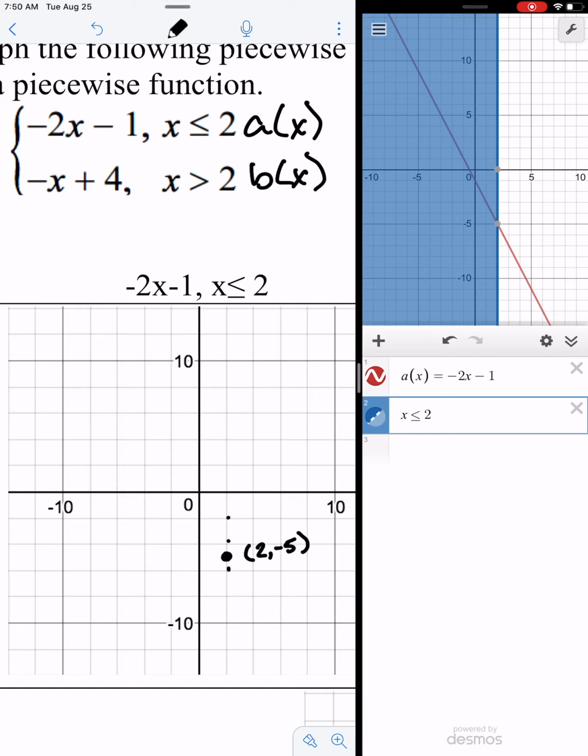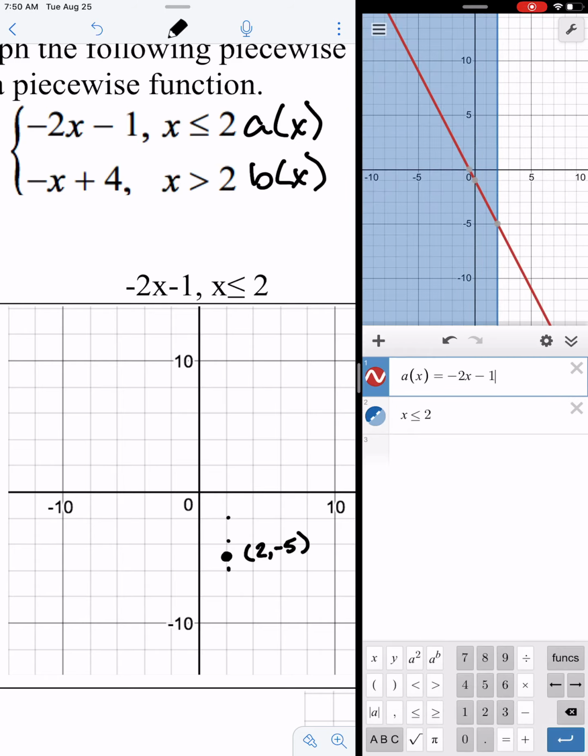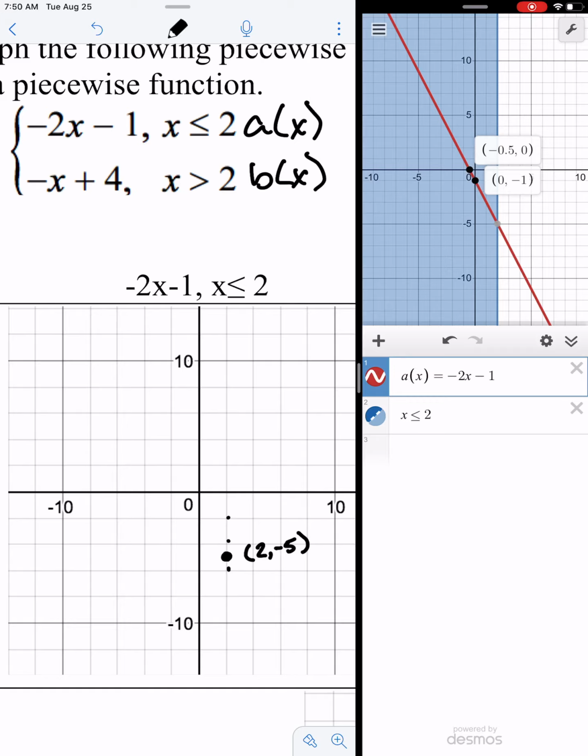Then I need to pick out some other points. So I'll go back up to my red function, and I have 0, -1. Then I have -0.50. So this was -1, split the difference. Then I'm just going to draw it. Now, piecewise functions are pretty cool in the fact that they don't go on forever and ever.